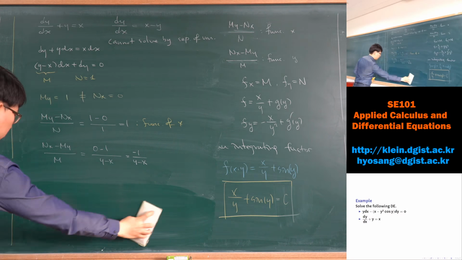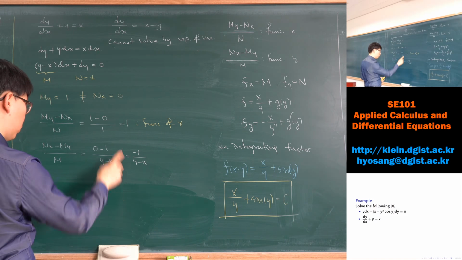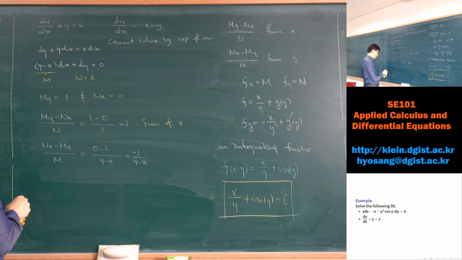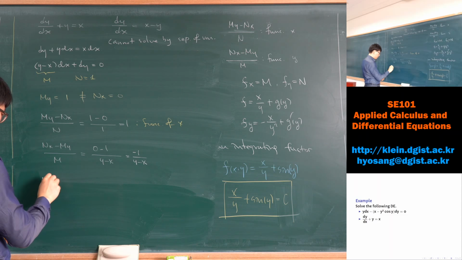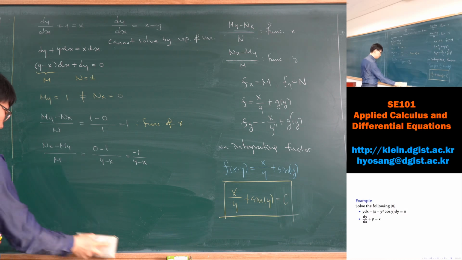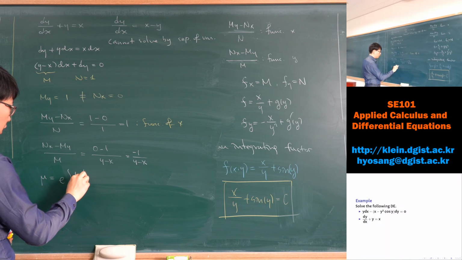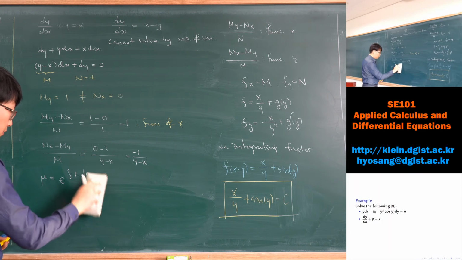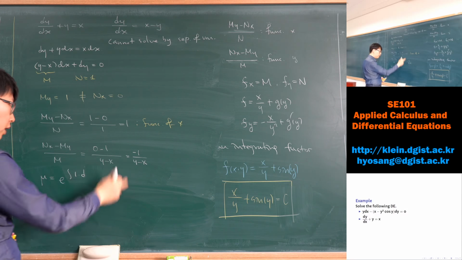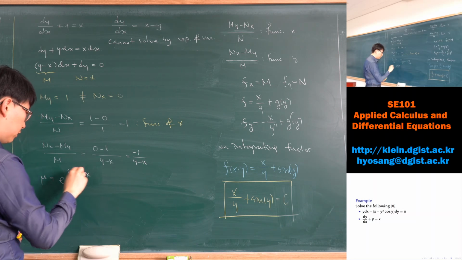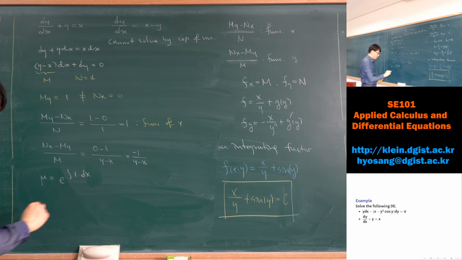So what's the integrating factor? You take an integration of 1 and then take an exponential. So mu is equal to e to the integral of 1 dx. Now, because I take this 1 as a function of x, I have to take the integration by x.